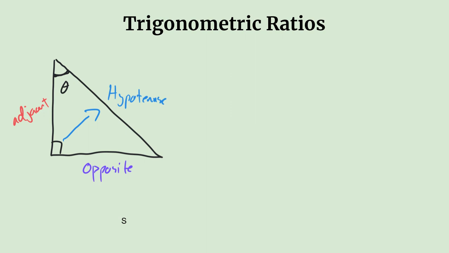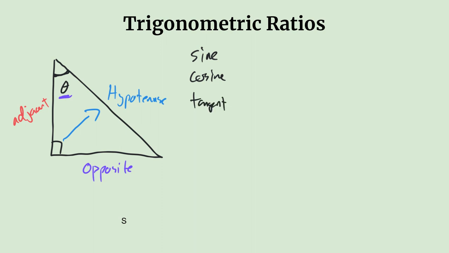Our reference angle is always between the adjacent side and the hypotenuse side. So if we switched it, which I'll show here in a second, these two sides would change. But for now, with these labels, we can do our trig functions, which are sine, cosine, tangent.